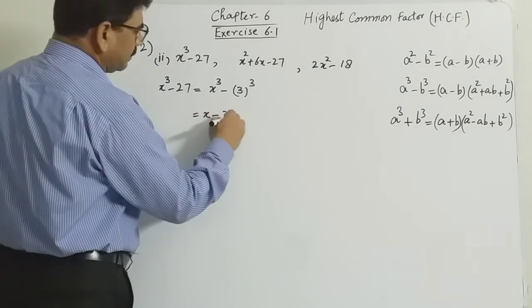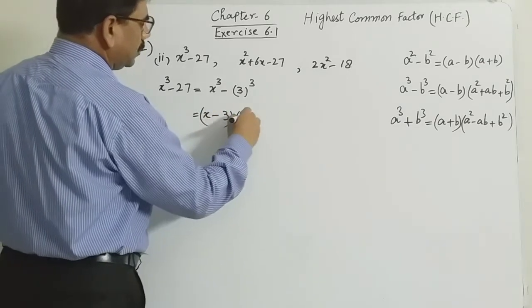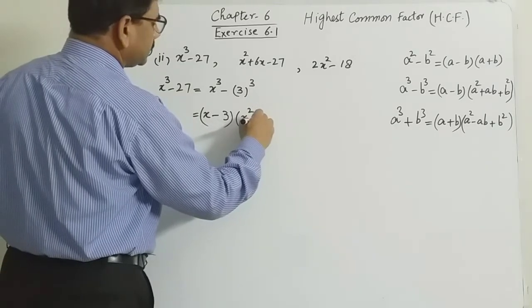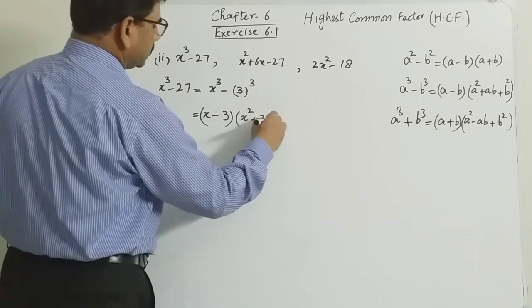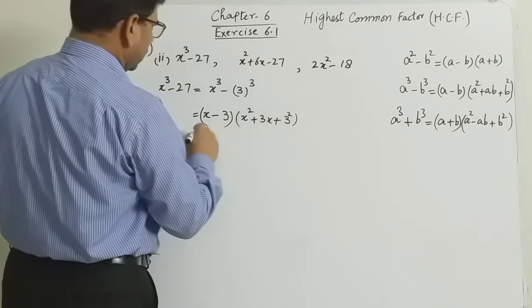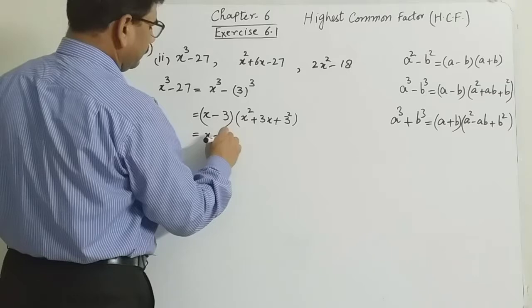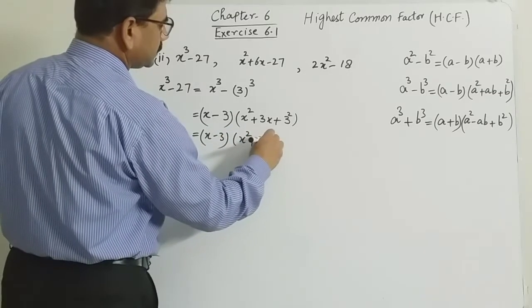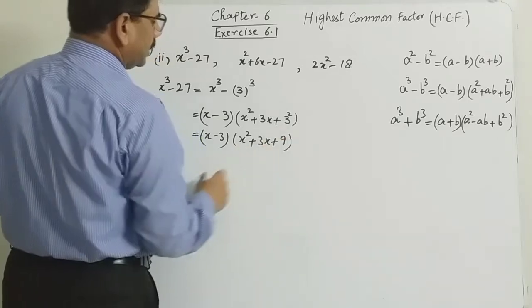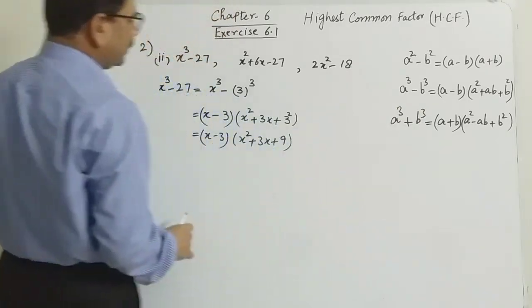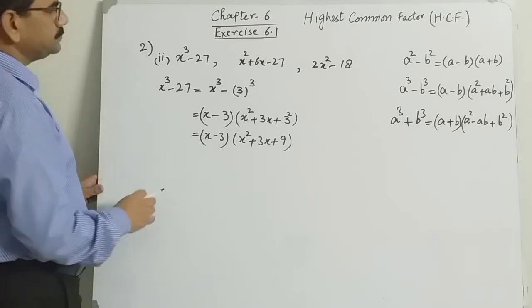We will have x minus 3 into x square plus 3x plus 3 square, which will be equal to x minus 3 into x square plus 3x plus 9. And as a reference, we will write this formula in front of this expression.